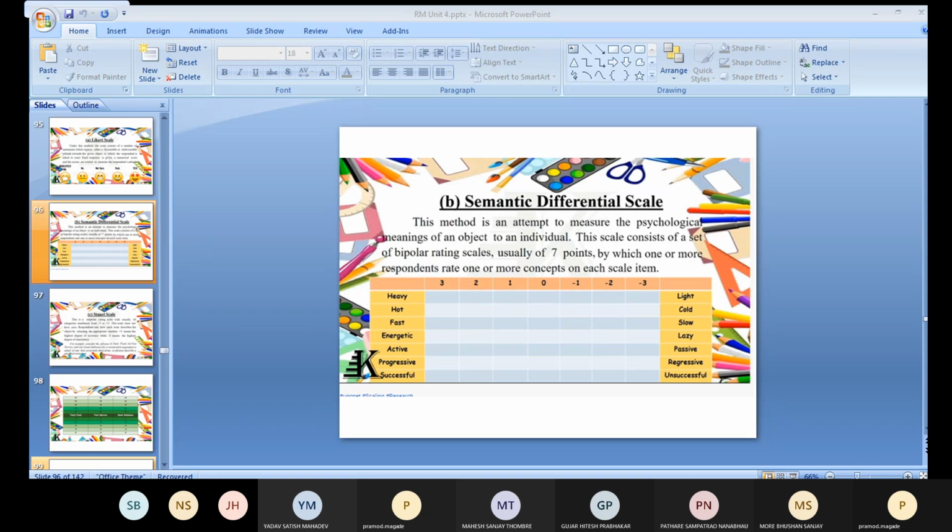Tell me. Sir, economical and non-economical can be done. Correct. Economical, non-economical. How can we distribute that?